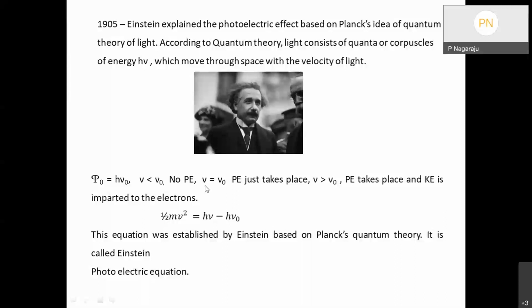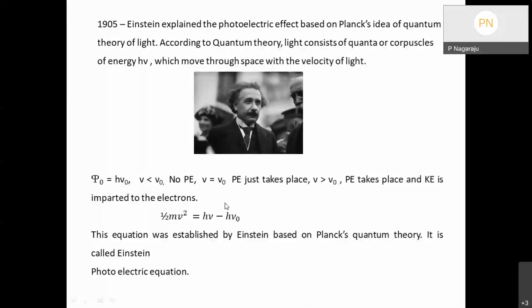If the frequency is equal to the threshold frequency, the photoelectric effect just takes place. On the other hand, if the frequency is greater than the threshold frequency, then the photoelectric effect takes place, and in addition, kinetic energy is imparted to the electrons.